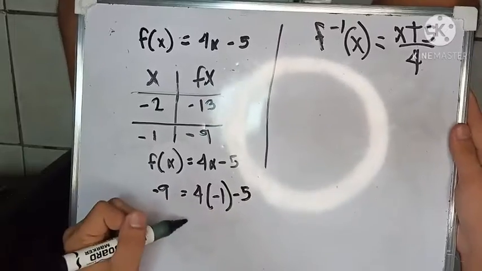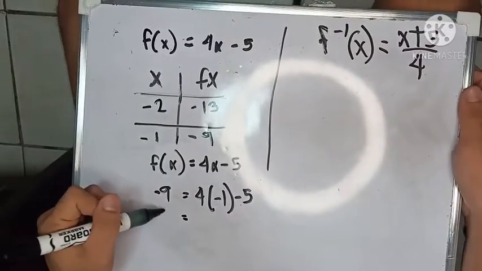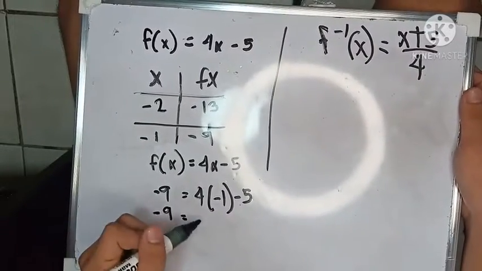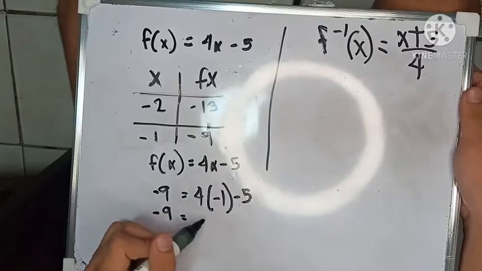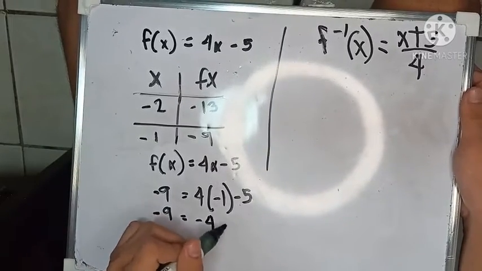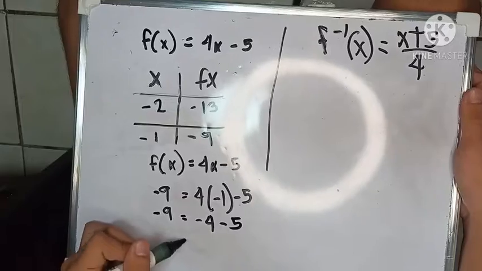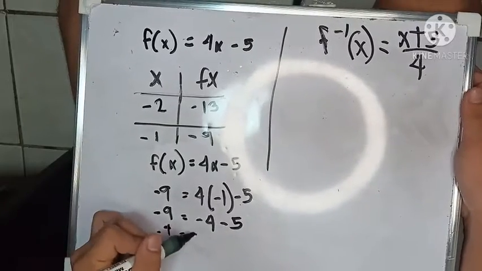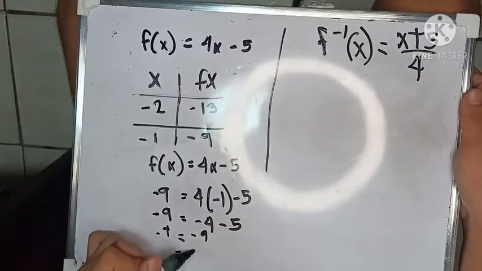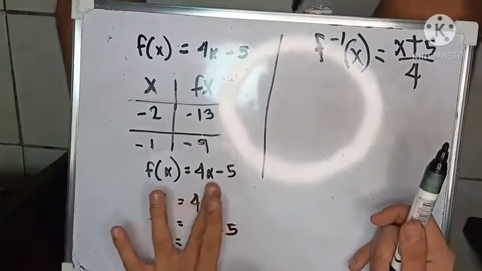So the result is negative 4 minus 5, which is negative 9. Negative 9 and negative 9, so it matches.